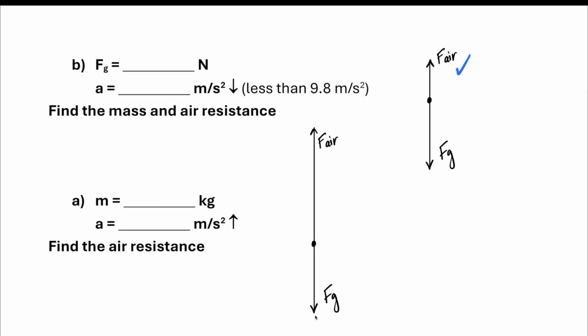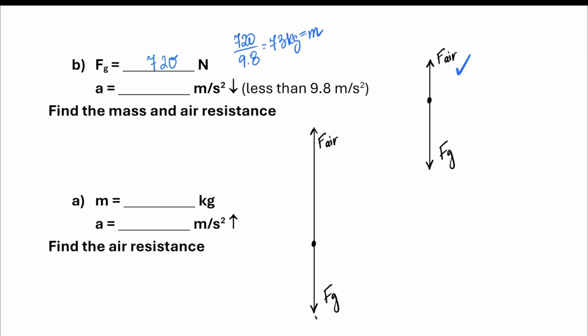I'm going to work with the first one for case B, and I'm going to say 720 newtons is my force of gravity. If that's gravity, then 720 divided by 9.8 would get you 73 kilograms, which is mass.